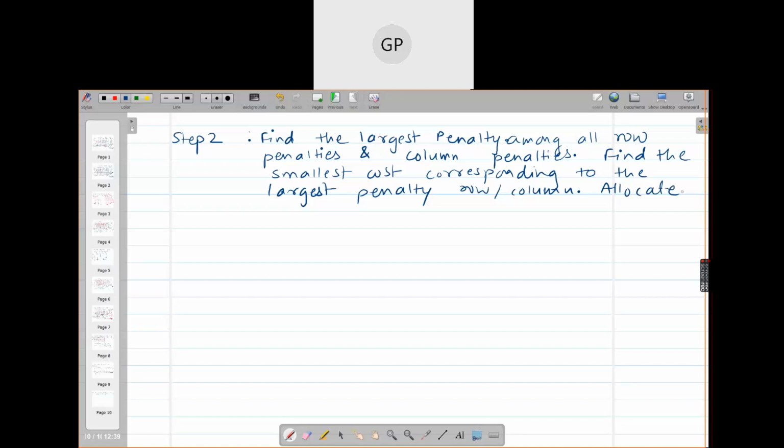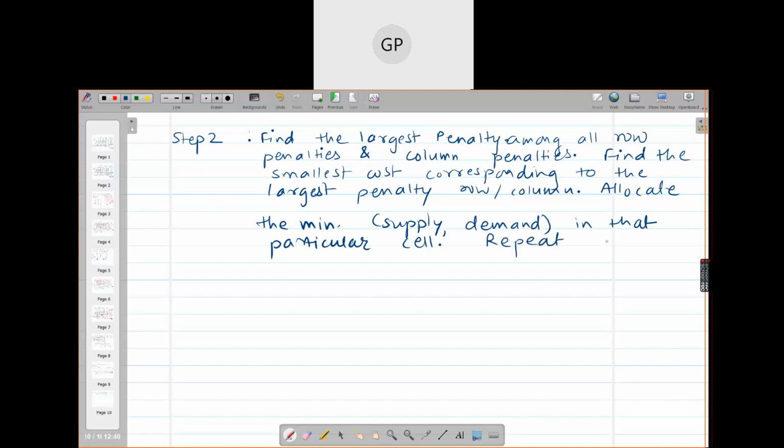Allocate the minimum of supply and demand in that particular cell. Repeat this step until all units are supplied.